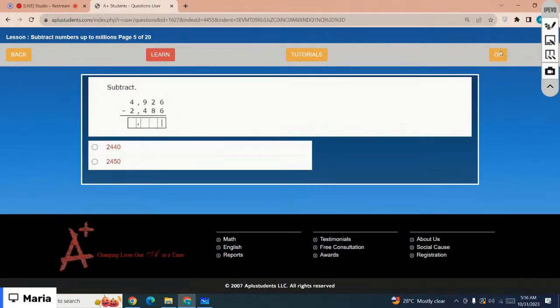Okay, the next one is subtract 4926 minus 2486. So, which is the correct option? Which option is the correct one?